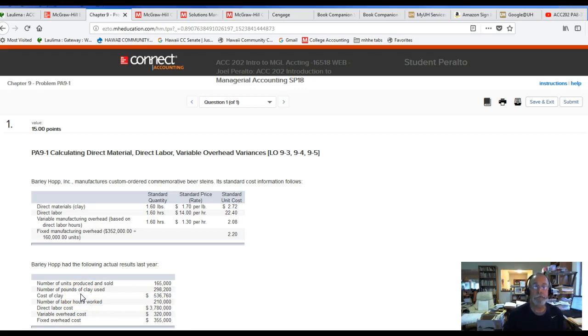P A 9-1, calculating direct material, direct labor, and variable overhead variances.